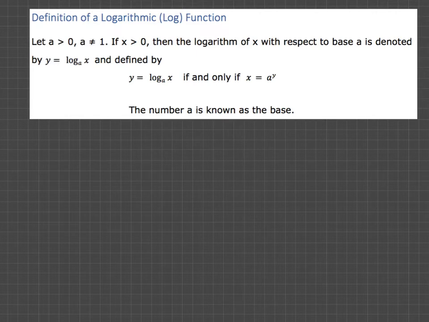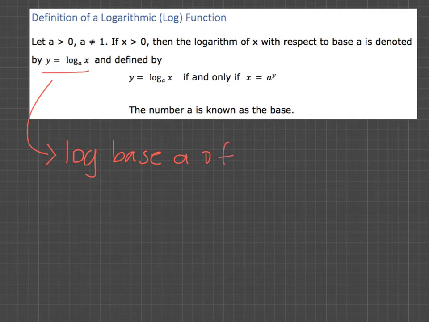So if we let a be greater than 0 but not equal to 1, and if we have only positive values of x, then the logarithm of x with respect to base a is denoted by y equals log base a of x. So if we have that notation, this is what we say: log base a of x, and here's what that means.